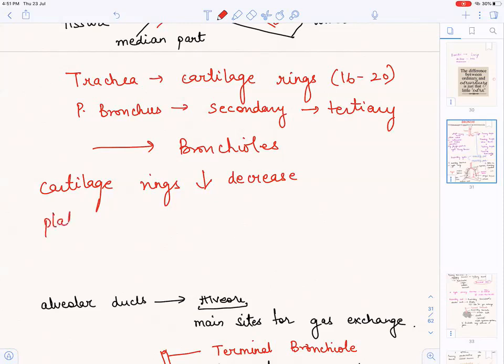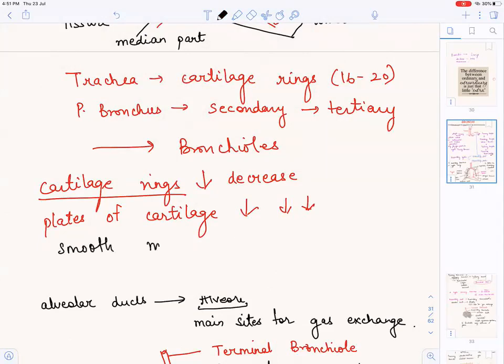Instead of rings, now there are plates of cartilage, and slowly this cartilage decreases, and finally there is no cartilage when the respiratory part begins. And when the cartilage is decreasing, what is increasing? The smooth muscles are increasing as we go deeper and deeper into the bronchial tree.